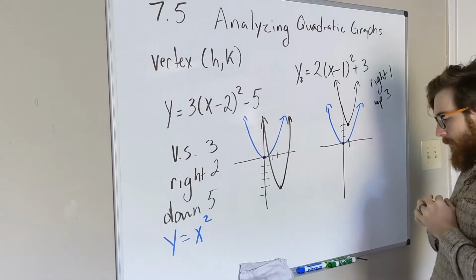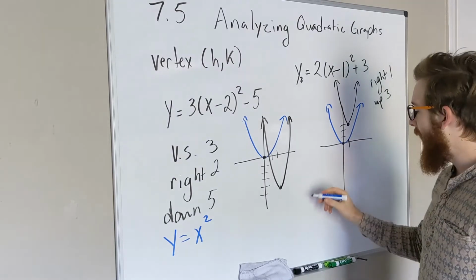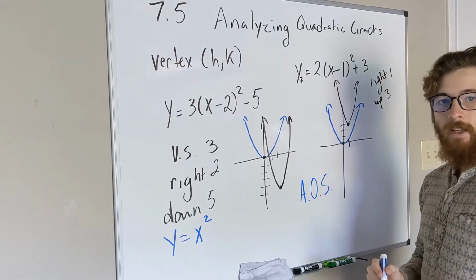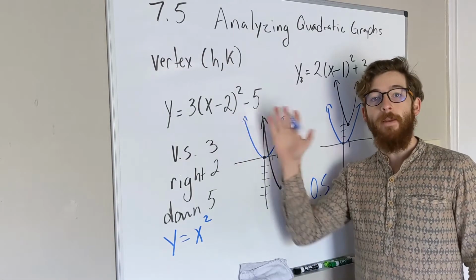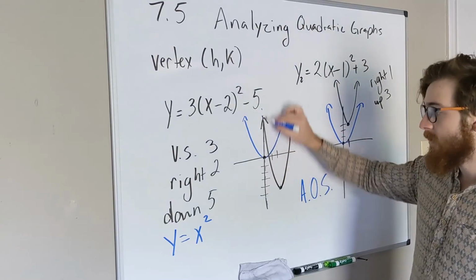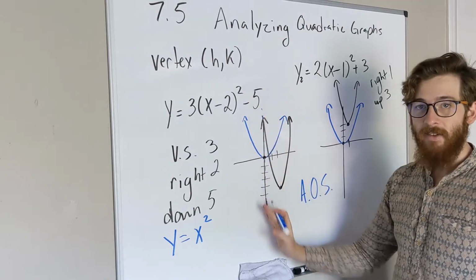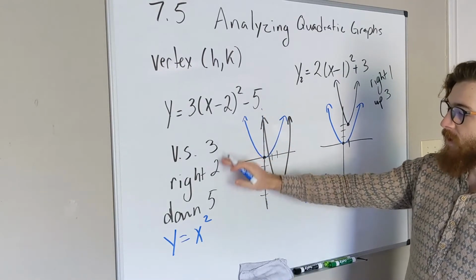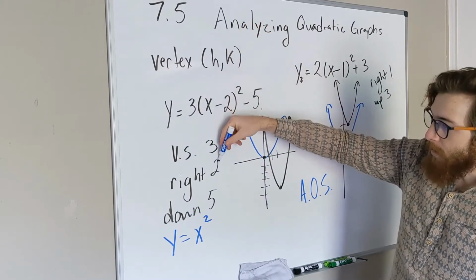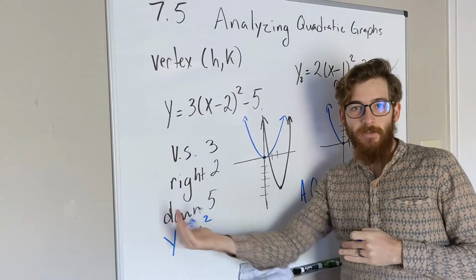Now, one other thing I want to bring to your attention is this piece called axis of symmetry. It's the place where the left and the right are the same. So in the original function, the axis of symmetry is just x equals 0. It's just the y-axis. But when it shifts left, right, up, and down, the h piece, my left-right shift, tells me how the axis of symmetry shifts.